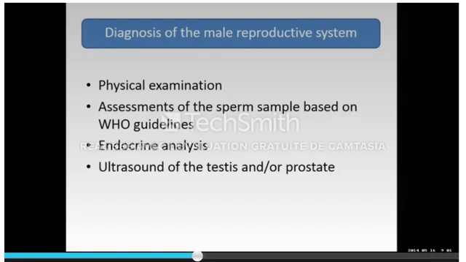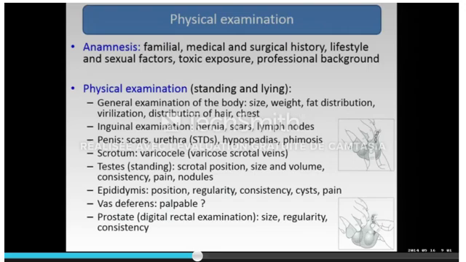Let's move to diagnosis. And first of all, of course, and this is the main job of andrologists, the physical examination. Maybe none of you or few of you have seen or have done physical examination, but of course this begins as usual by asking the man how he feels, what is his history, or did he have some disease.